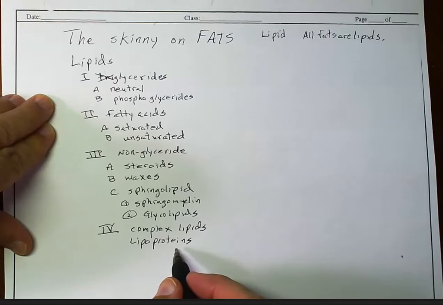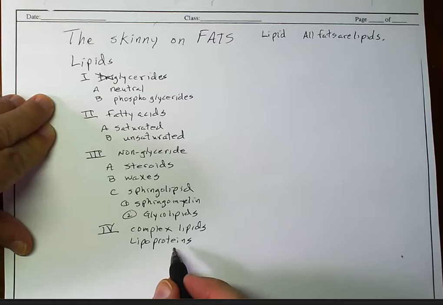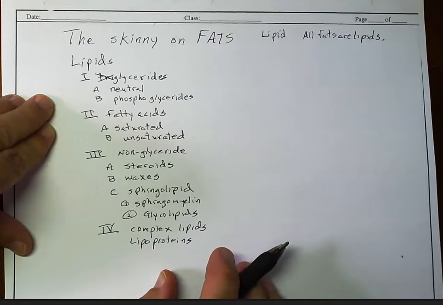Those are sometimes somewhat erroneously referred to as good and bad cholesterol. The lipoproteins themselves are not cholesterol. They are the molecules that transport cholesterol. And too much LDL is a bad thing, and not enough HDL is a bad thing. So we'll try to look at those a little further along.